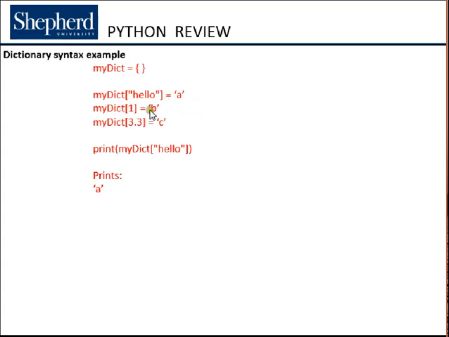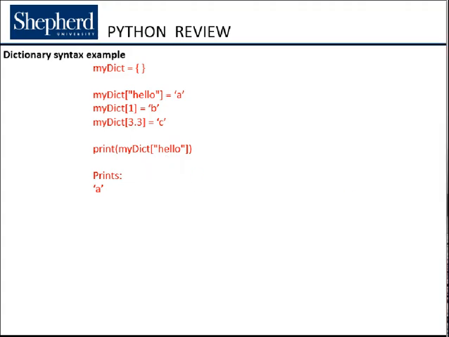And then likewise 1, assign something to it, and then likewise 3.3 and assign something to it. Then when we use one of these keys, for example hello, it will print out A.